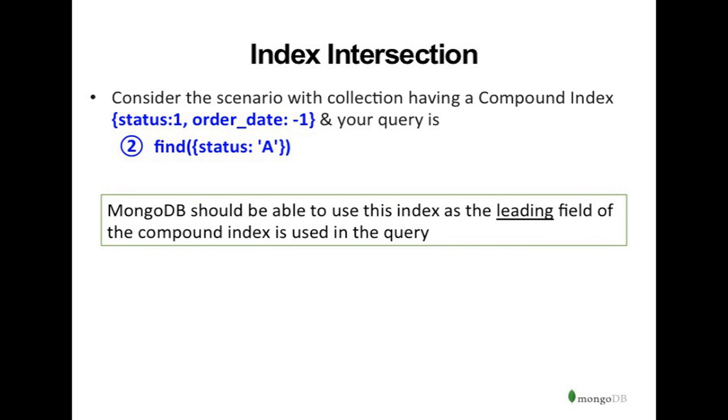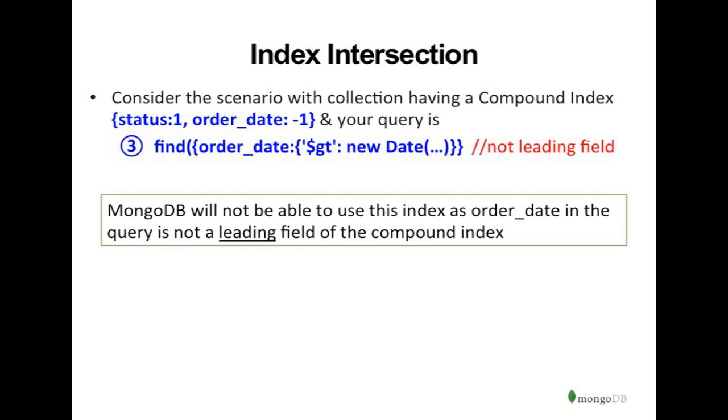In another scenario with the same compound index, I'm querying based on status equals A. This query will also use the compound index we defined, because status is the leading field in the index. What happens if I want to query by just the order date? It's not the leading field in the index, so MongoDB will not use the index.